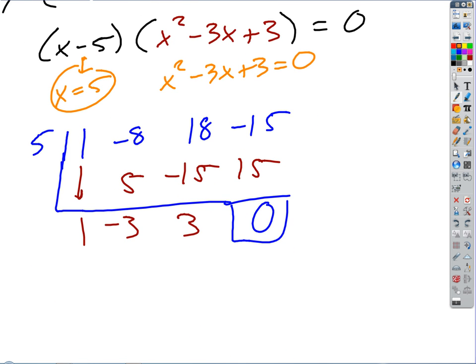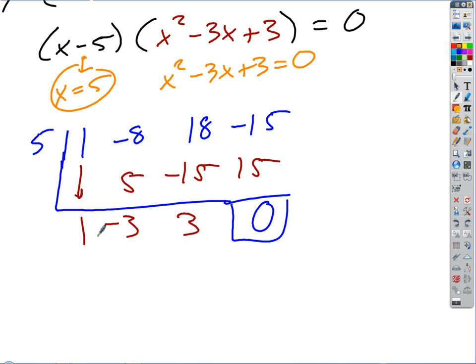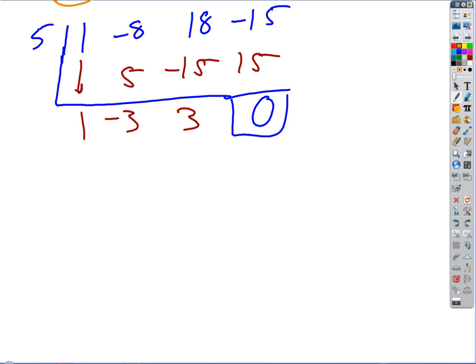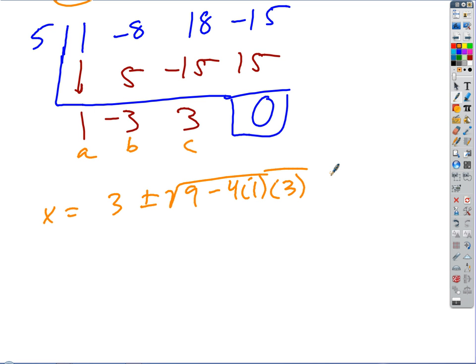Did we even need to do that though? Not really. Because when we did the synthetic division, we got our coefficients here. Aren't they just a, b, and c? We could have just jumped right into the quadratic formula right there. Either way, we know we're going to get x equals -b, so 3 plus or minus the square root of b squared would be 9, minus 4 times 1 times 3, all over 2.